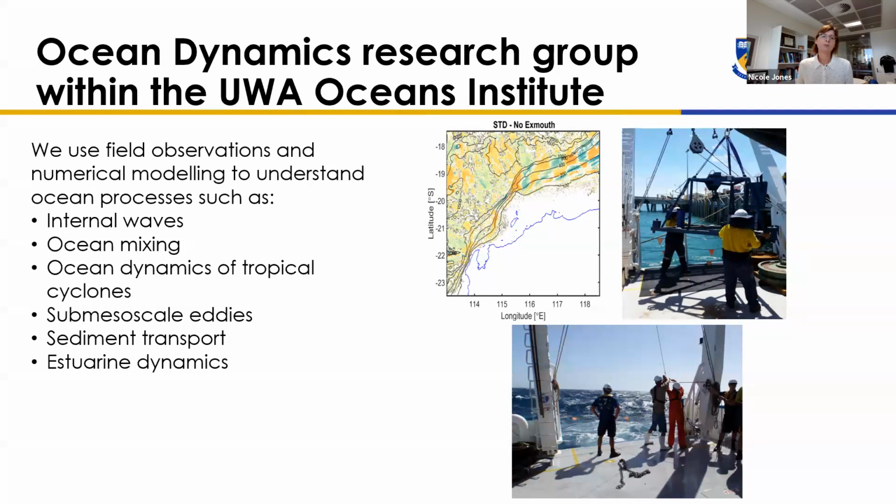Within our group, we primarily use a combination of field observations and numerical modelling to understand different ocean processes. And these, as Kat said, are quite wide-ranging, from the very small scales to much larger scales. And these are just some pictures of some of the work that we've done and numerical model output.